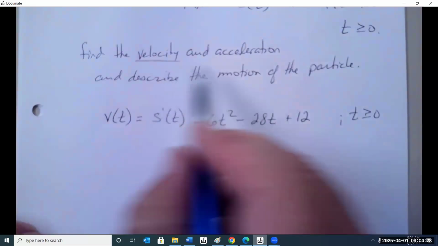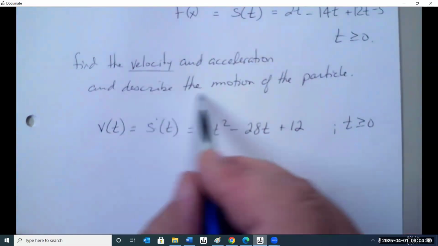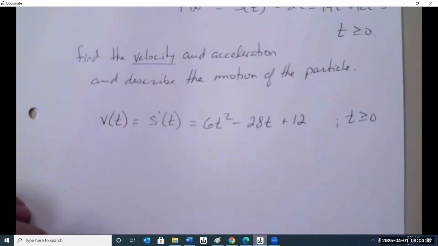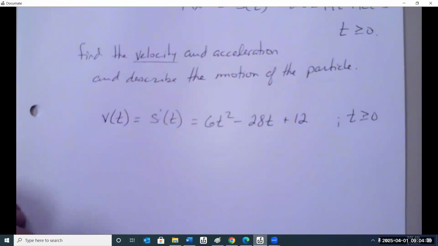Remember, you're supposed to describe the motion. We found the velocity. Great, no problem. But what does it tell us? Well, time is always positive, so it can't go backwards. Or can it? I say no. But the velocity can be positive or negative, which means accelerating or slowing down. How do we find this? What do we have to do now?